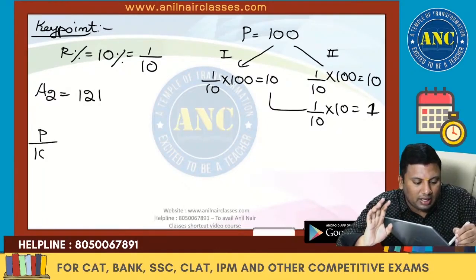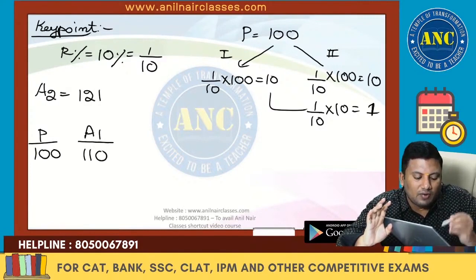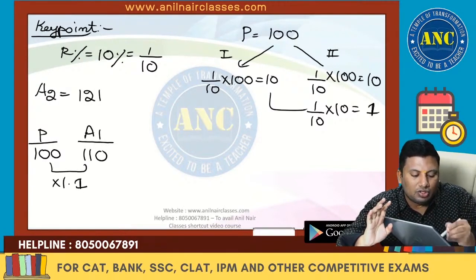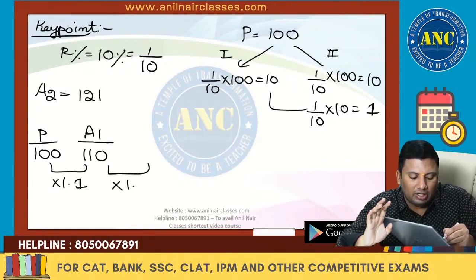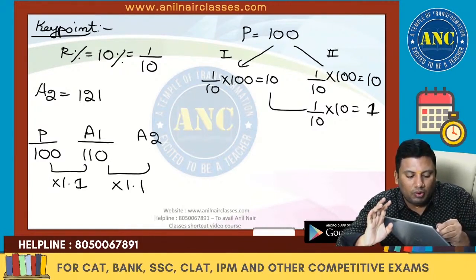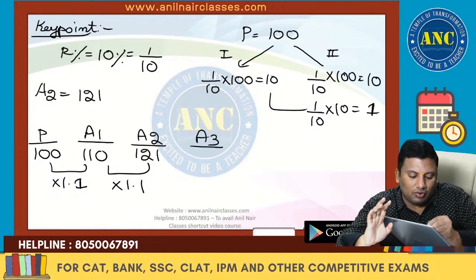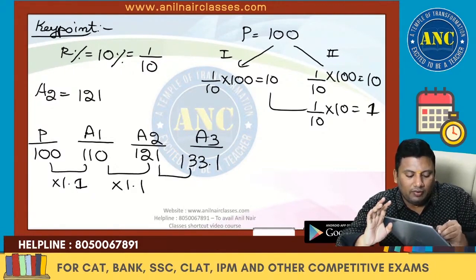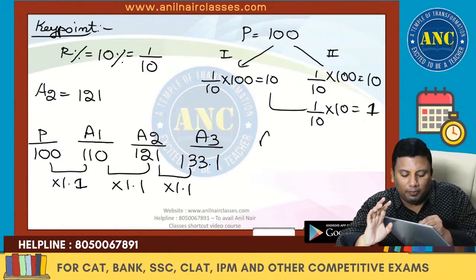Initially principal is 100. Amount after first year is 110. This is nothing but into 1.1. So this also will be into 1.1. Amount after 2 years is 121. This also will be 1.1. 133.1. This also will be 1.1.